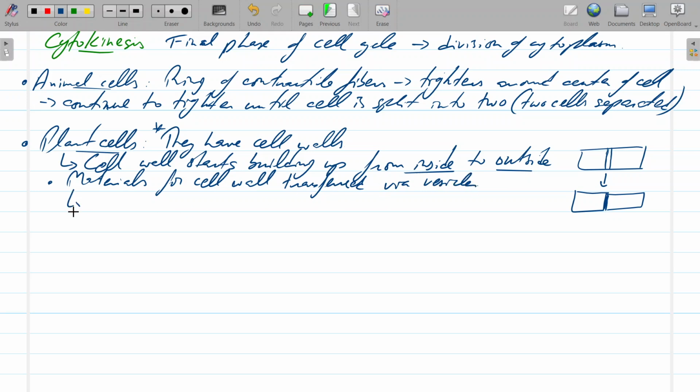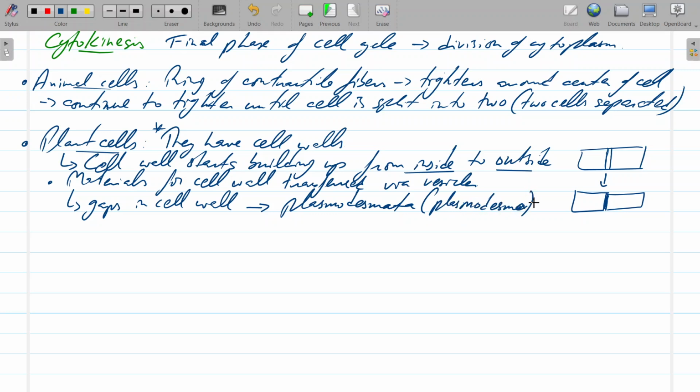And so what happens is that at certain points there are gaps, right, in the cell wall, where there weren't any vesicles, and these form a structure known as plasmodesmata. This is the plural. The singular is plasmodesma.